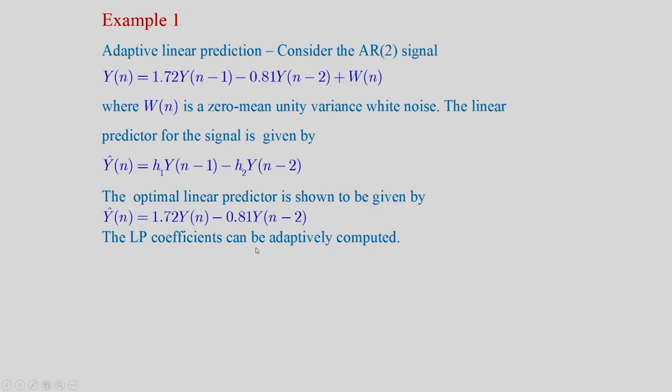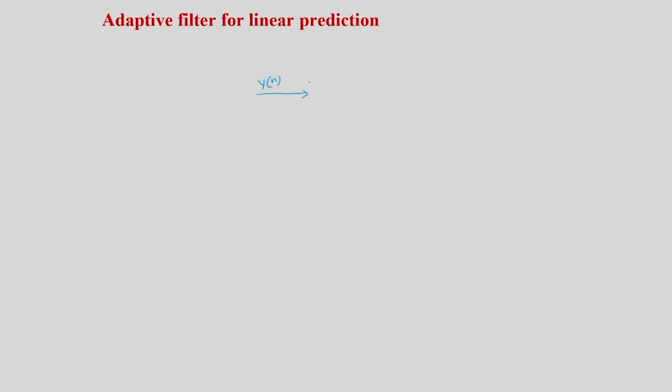Here the LP coefficients are to be computed adaptively. For adaptive filtering, this is my y n. For linear prediction, we have to consider the delayed version of the signal. This delayed version of the signal is passed through the two-tap FIR filter for linear prediction, and we get, suppose, d hat n.